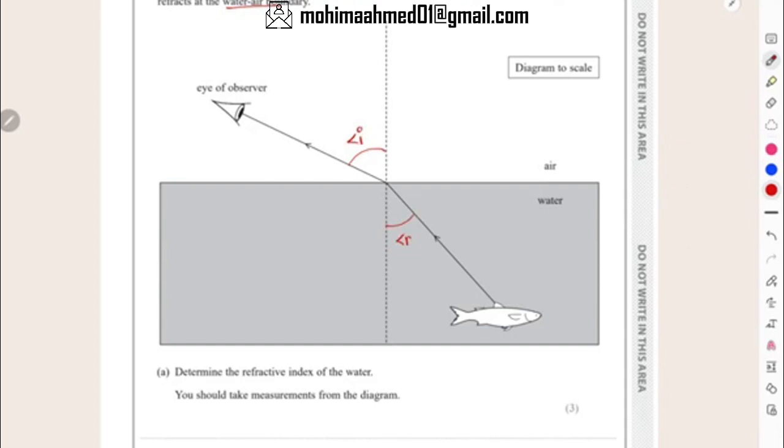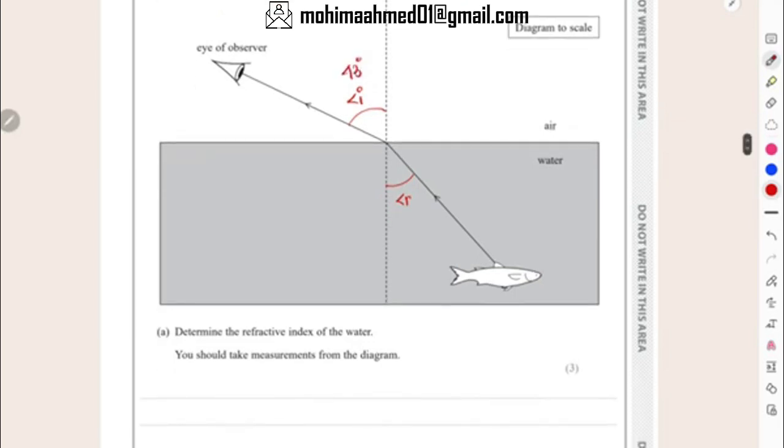I hope by this time everyone knows how to use a protractor. So use a protractor and find out the values of I and R. But as I do not have access to a protractor on my digital device, I'll just use the mark scheme. The angle I was given in the mark scheme as approximately 43 degrees, and the angle of refraction given in the mark scheme was approximately 65 degrees.